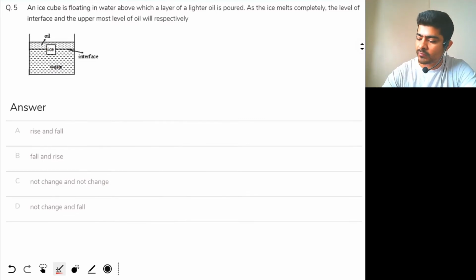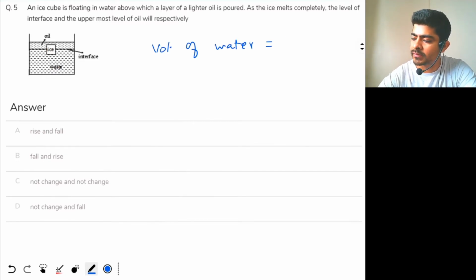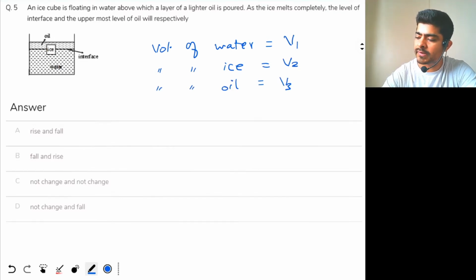So how to solve this question? For that, let's take some assumed values. So let's say that volume of water is V1, volume of ice is V2, volume of oil is V3.